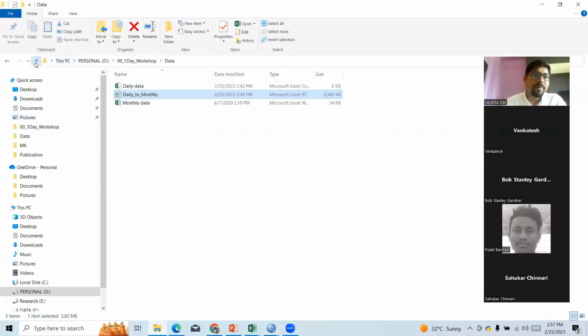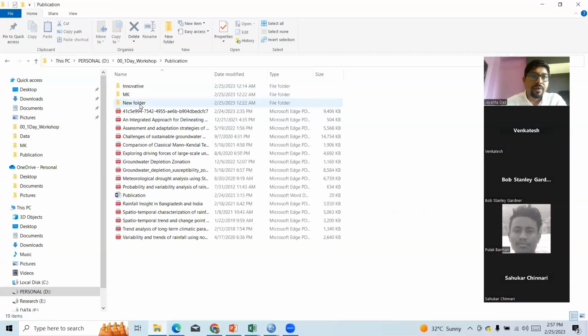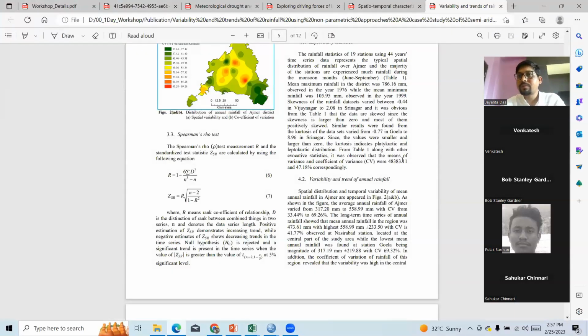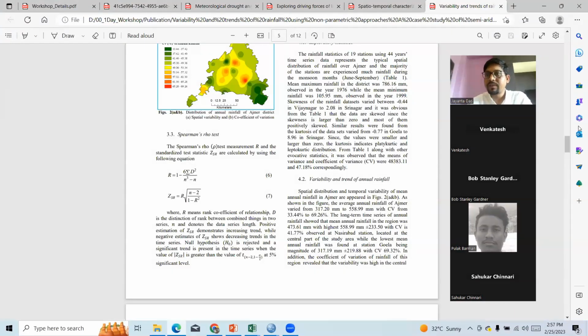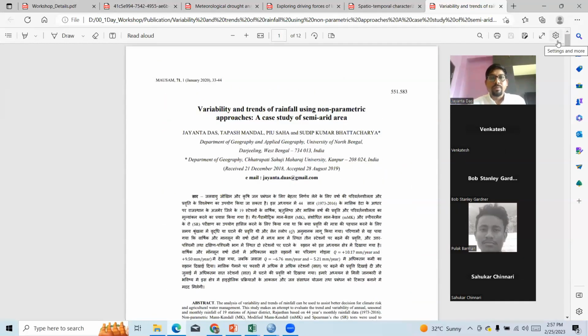I have published one paper using this method, Spearman Rho. You can refer to this paper. It was published in a journal, I think it is a very good journal in India. Title: Variability and trends of rainfall using non-parametric approach, a case study of a semi-arid area.